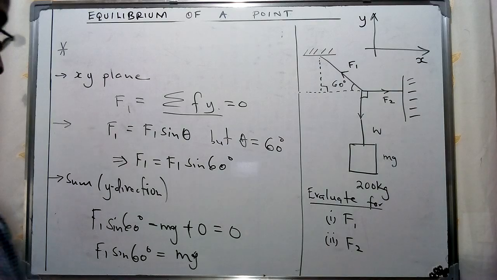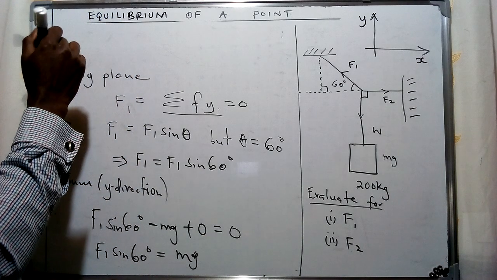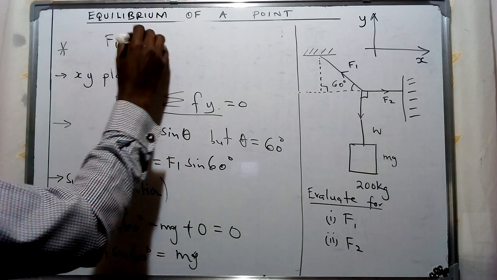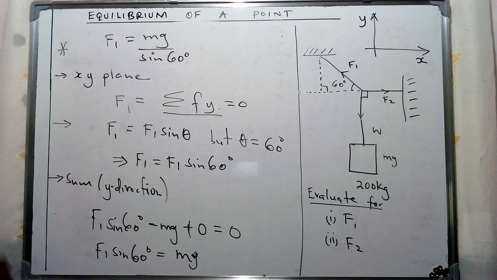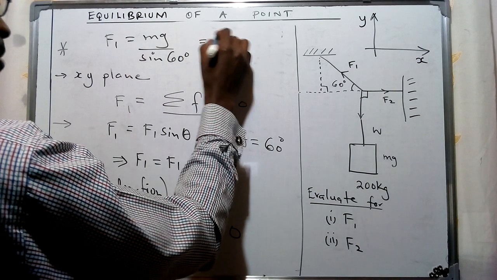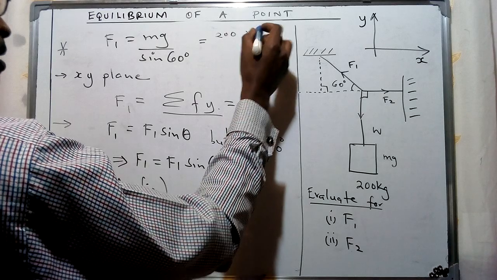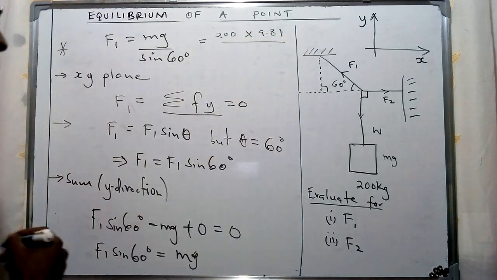So we're going to have F1 equivalent to mg all over sine 60 degrees. If we look at this one, this is going to give us the mass of 200 kilograms times 9.81 divided by sine 60 degrees.